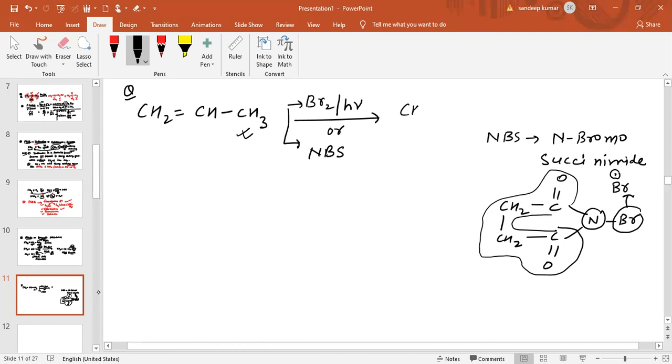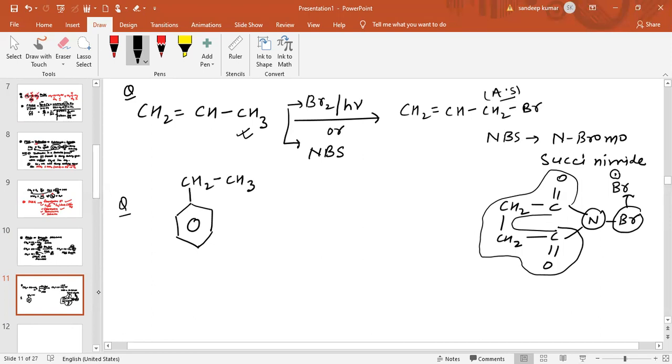So how will the allylic substitution take place? CH2=CH-CH2Br. So this is basically the allylic substitution. In the same way, if a question is given like this, this is basically the benzene and this is CH2 and CH3.